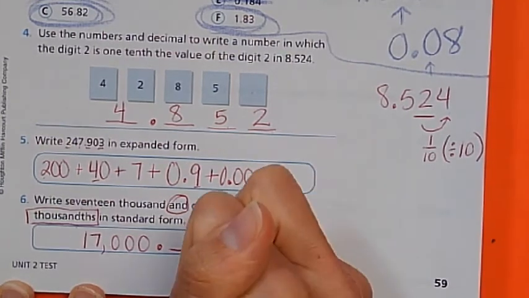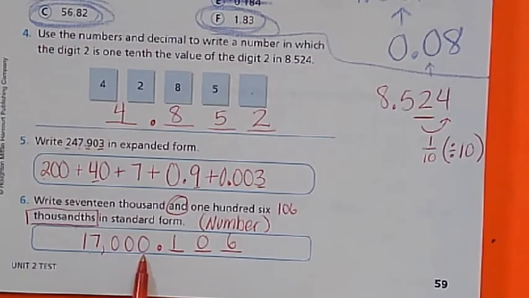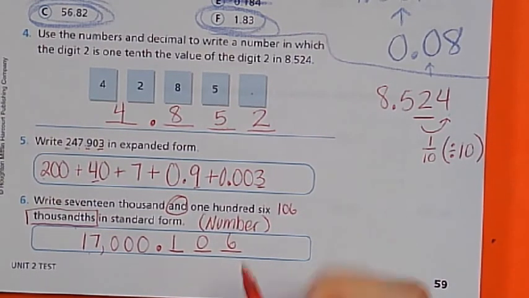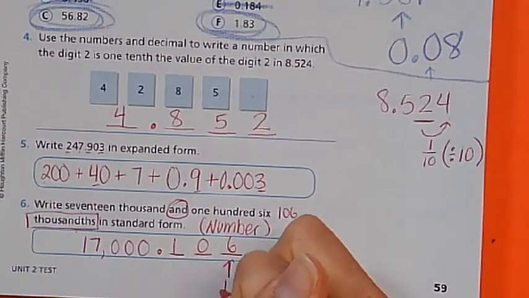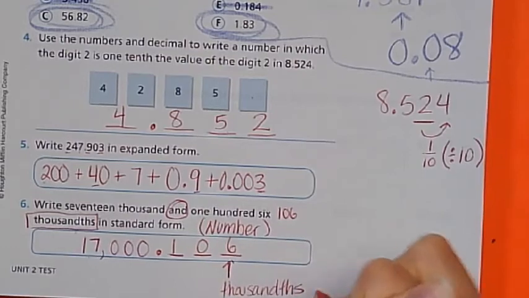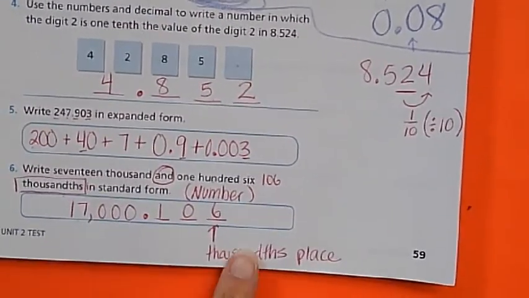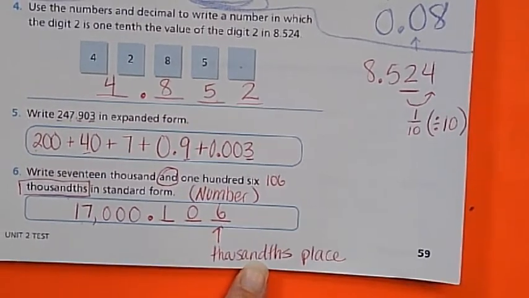So 6, 0, 1. So this is 17,000 and 106 thousandths. I know that this is in the thousandths place. It is 3 places after the decimal, so I know that it is in the thousandths place.